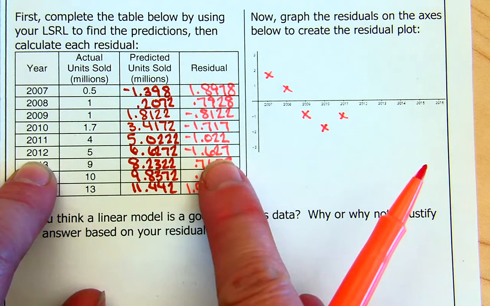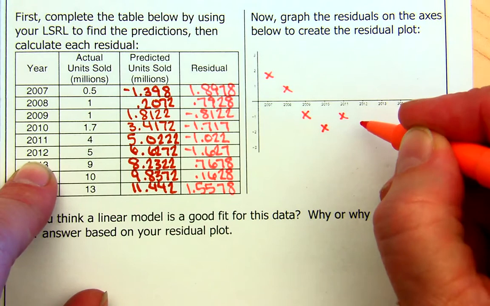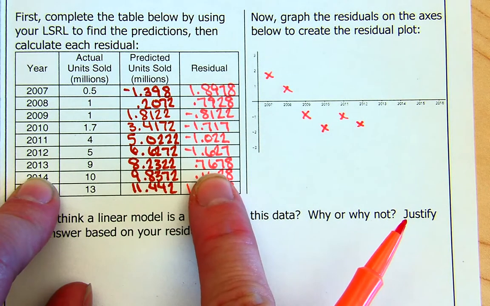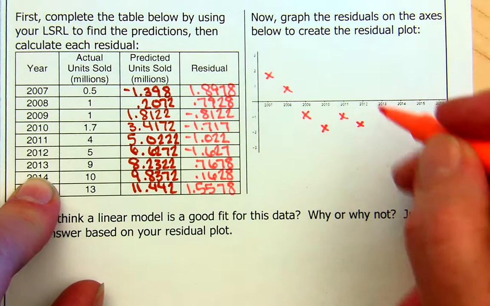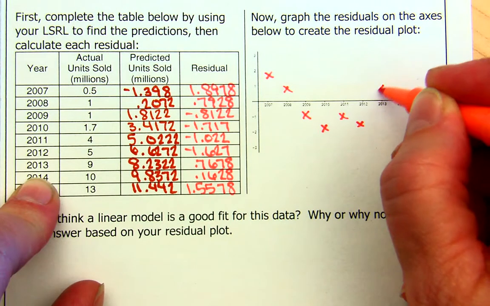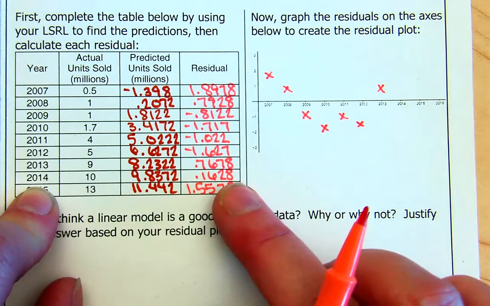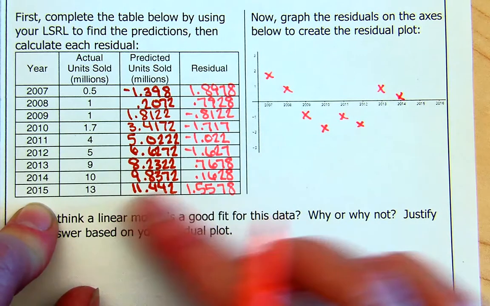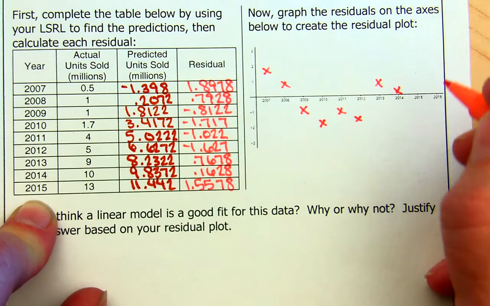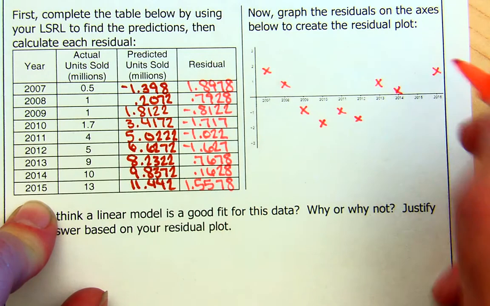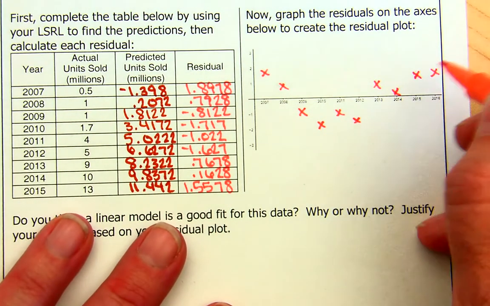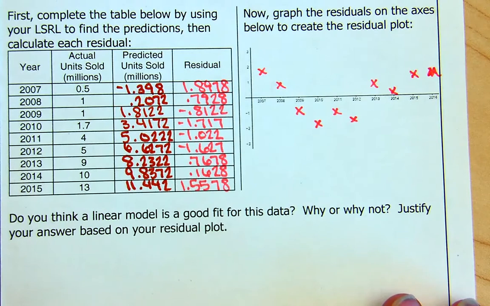And then 2012 was negative 1.6. 2013 was a positive 0.76. 2014 was positive 0.16. And 2015 was a positive 1.55. So we get something that looks like this.